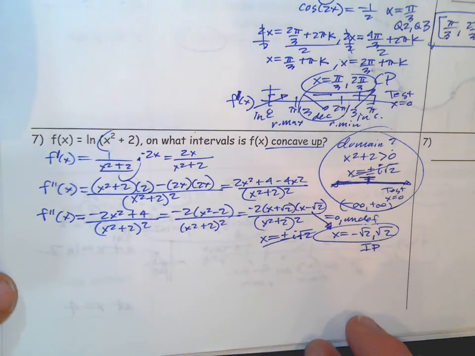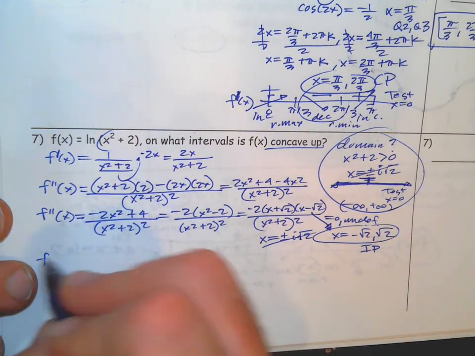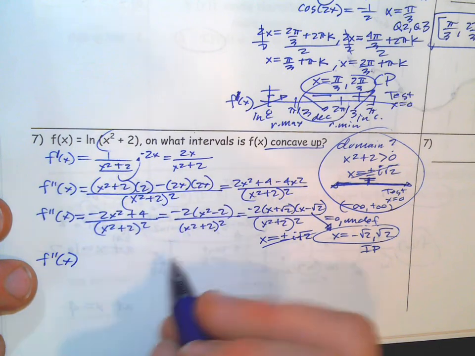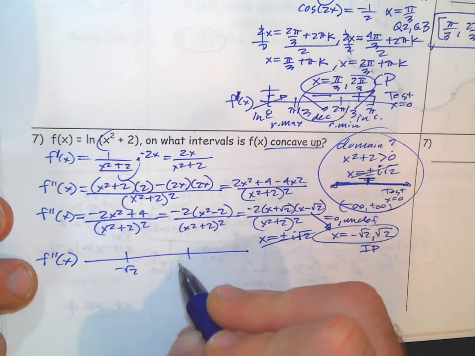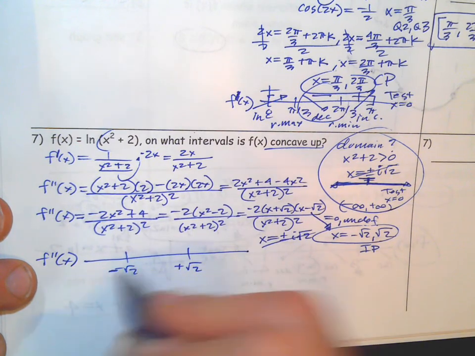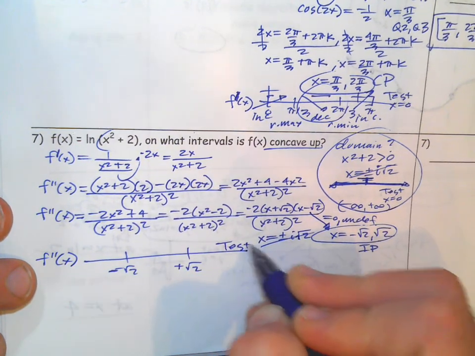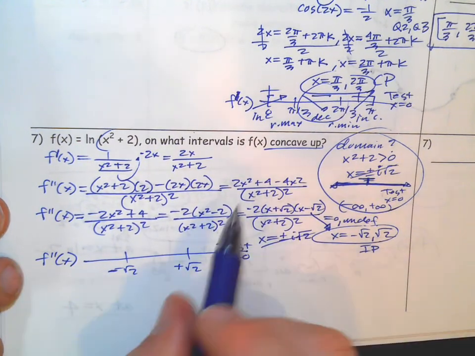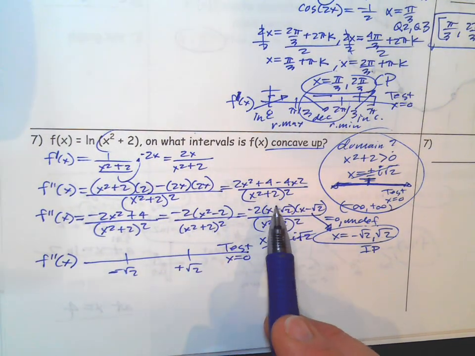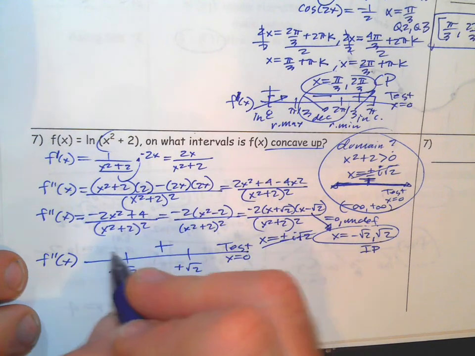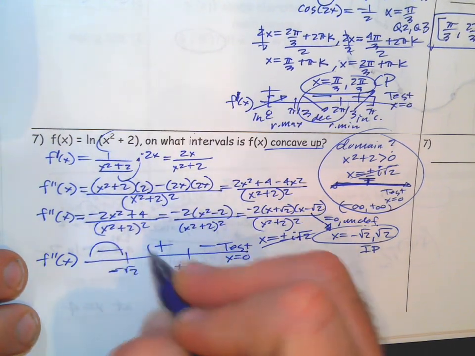We do a line check to figure out where it's concave up or down. So negative root 2 to positive root 2. Test a point. I'm going to test 0 in the second derivative. So that's going to be positive 4. It's going to be positive. Negative, positive, negative. Concave down, concave up, concave down.